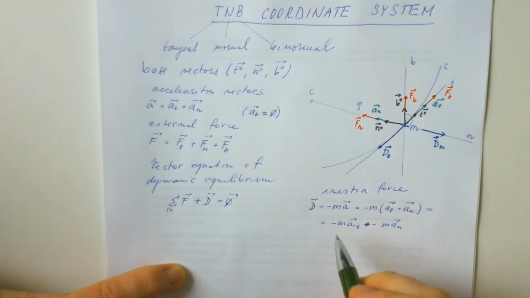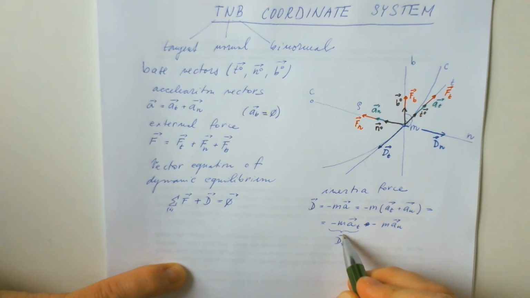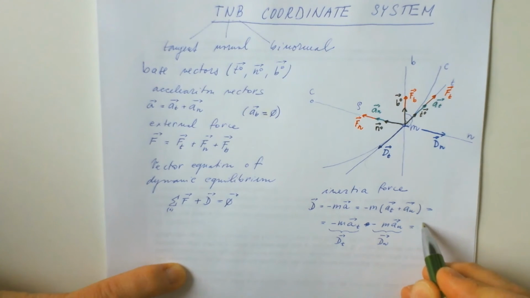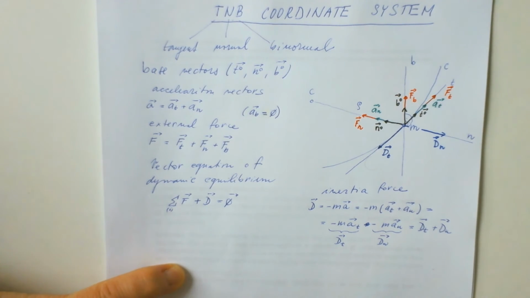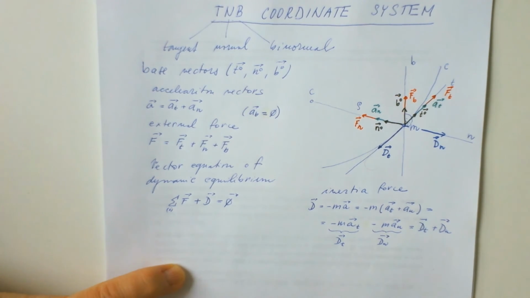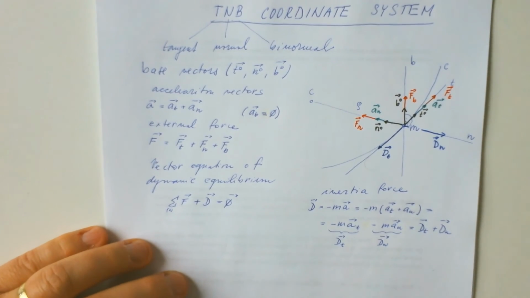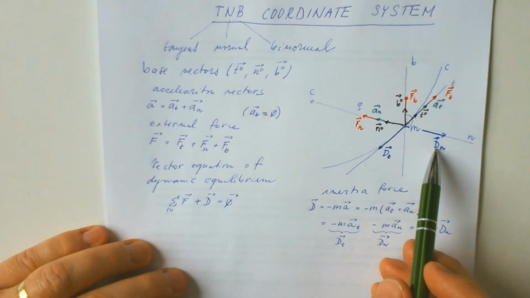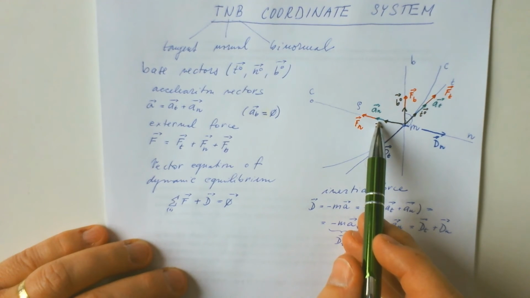Okay, so this is tangent component of D'Alembert force, and this is normal component of D'Alembert force, so it is Dt plus Dn. This inertia force, D'Alembert's force, is called centrifugal force, and this acceleration is called centripetal acceleration.